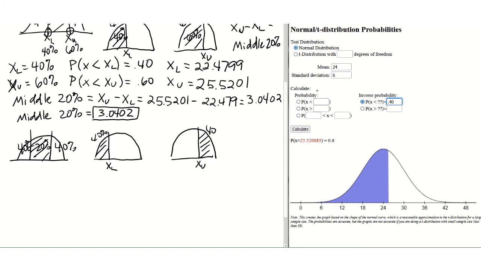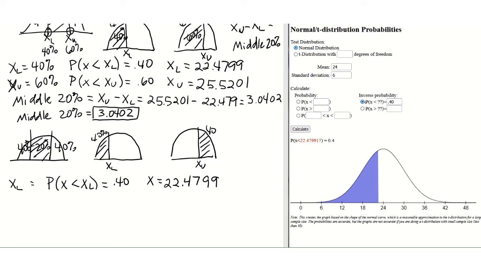So this time, to solve for the lower value, we're going to take the probability x is less than my lower value, set that equal to 40%, and then when I plug that in to calculate, that gives me 22.4799.